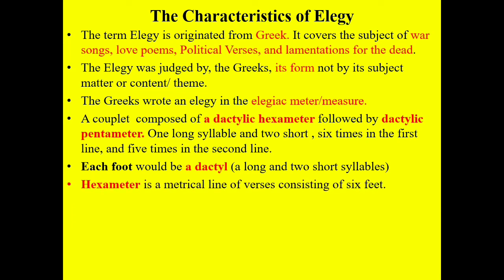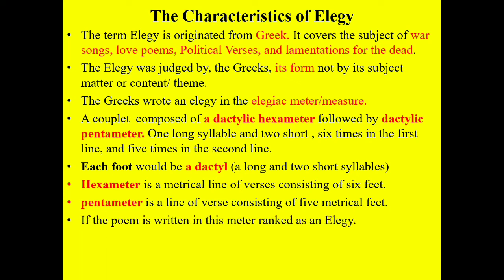Hexameter is a metrical line consisting of 6 feet. Pentameter is a line consisting of 5 metrical feet. If a poem is written in this meter, it is ranked as an elegy.